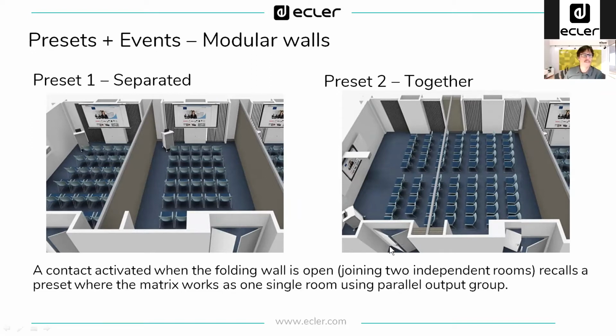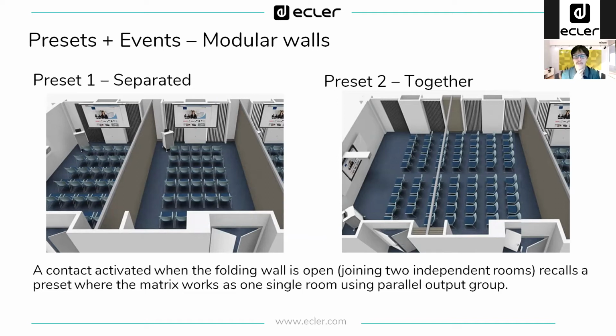So when this contact is active, in the MIMO there is an event that recalls a preset where the matrix works as one single room using parallel output groups, what we saw yesterday. Do you remember? It was the option that you link two outputs to have the same mix in their output.